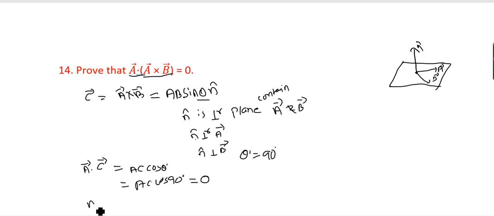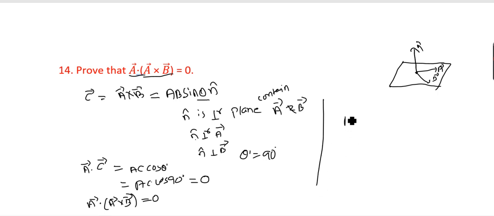Hence we prove A vector dot, in place of C vector we can write A cross B vector, is equal to 0. We can also prove it by taking the scalar triple product, by determinant form, and show that this scalar triple product is 0.